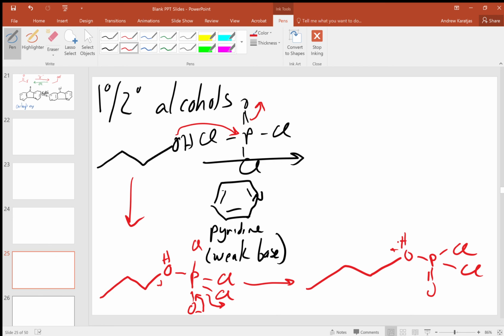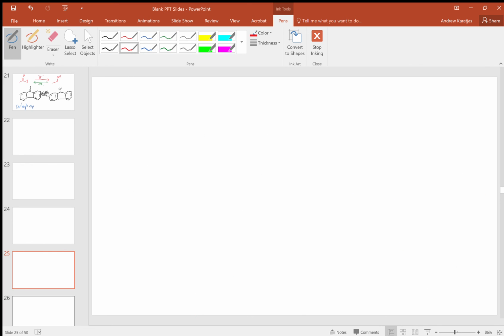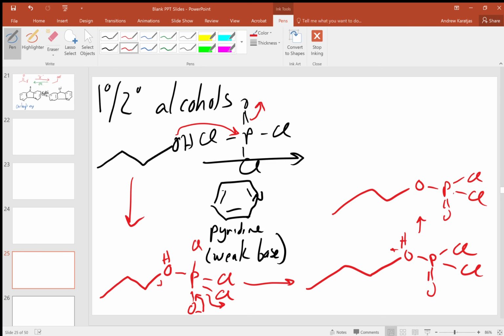And then, at some point, we lose this hydrogen. So at this point, what have we done? Well, we've turned the alcohol into a good leaving group.